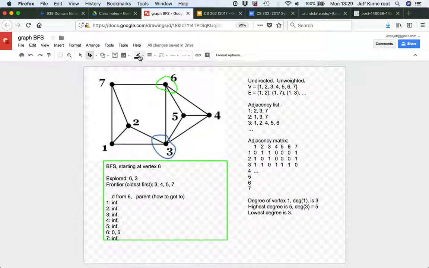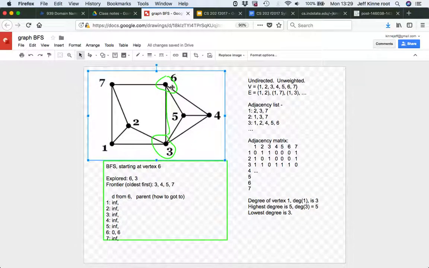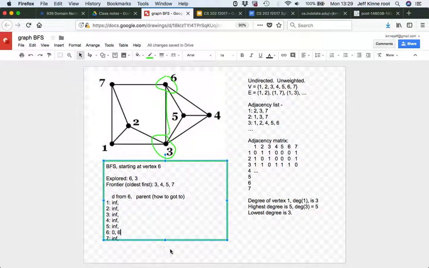I'm going to remember that I got there from 6. And what was the distance? I started at 6, the distance to 6 was 0, and now I've gone 1 more. So the distance to 3 is 1, and the parent is 6. I'm going to write out 6 just to see the difference here. The first thing is the distance, the second thing is the parent.